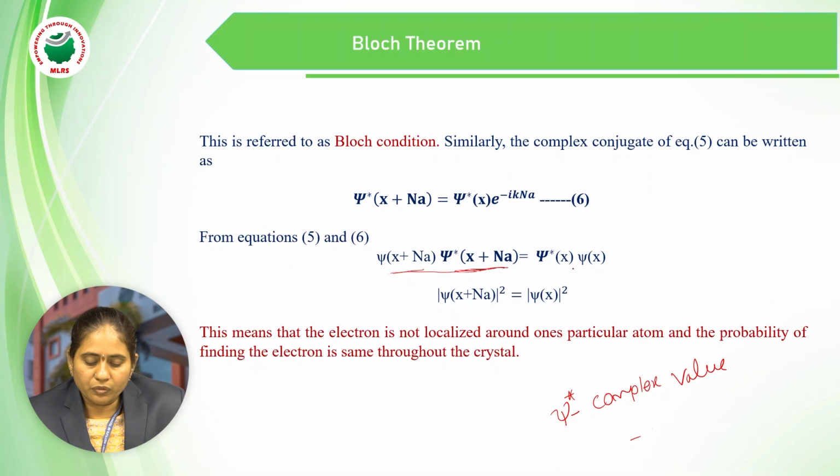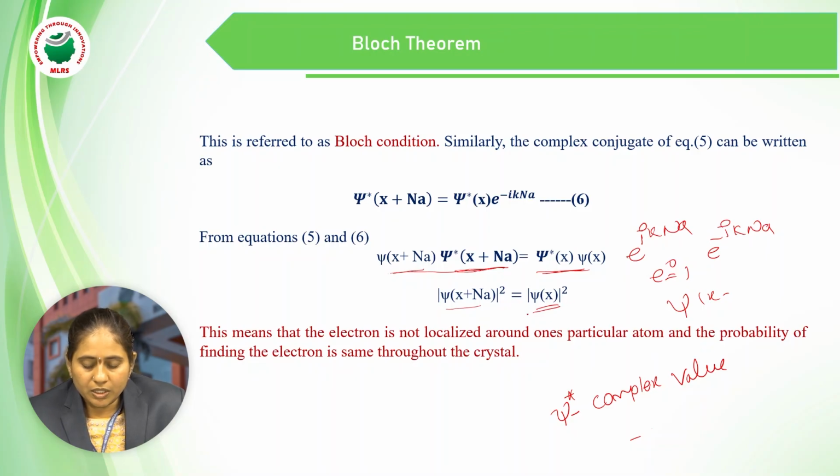You will get psi star of x into psi of x, with e power ikna and e power minus ikna, which is e power 0, equal to 1. So the modulus of psi of x plus na, squared, is equal to the modulus of psi of x squared, because multiplying both gives the same value.